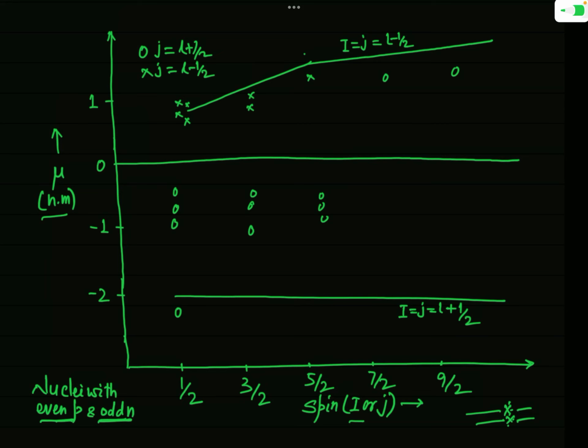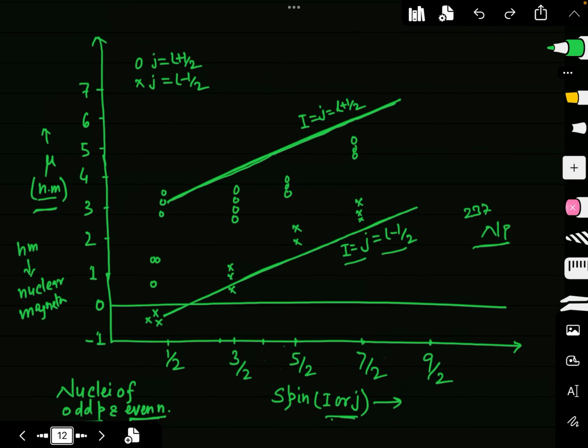Okay. Now you can see that nuclei roughly fall into two groups. One set of nuclei is close to the Schmidt line J equal to L plus half. In both of the figures you can see J equal to L plus half.